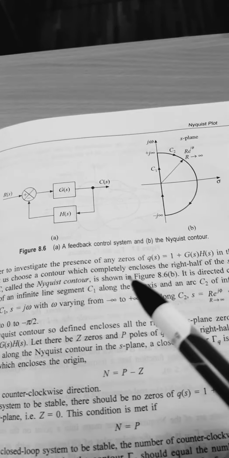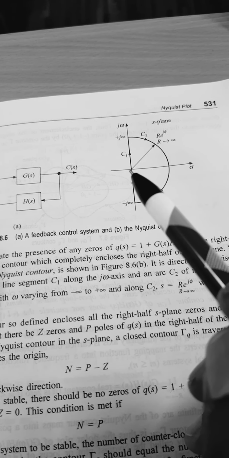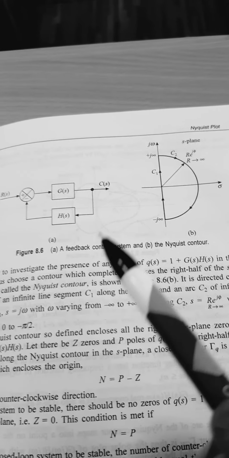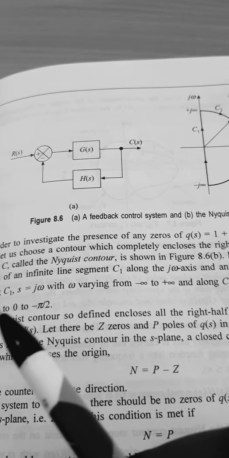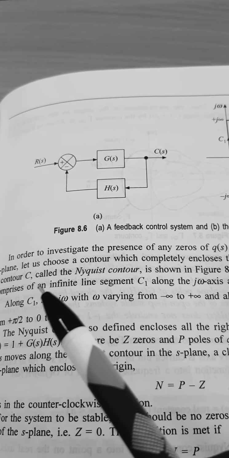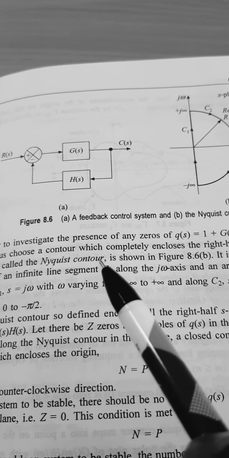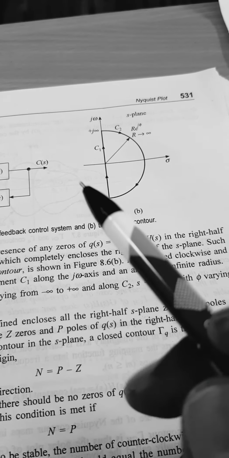This contour is known as C. It starts from here, goes like this, then comes like this, and comes back to the starting point. Such a contour C is called the Nyquist contour, shown in the figure. So this is the Nyquist contour.